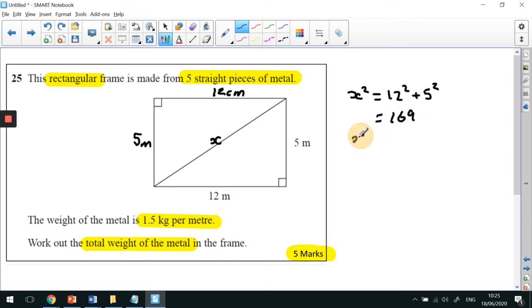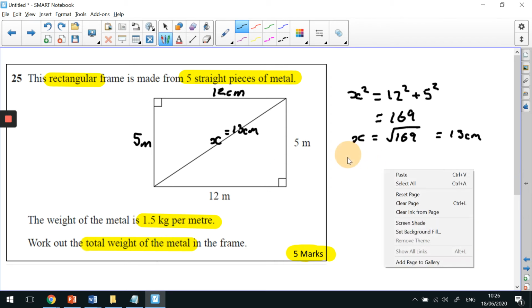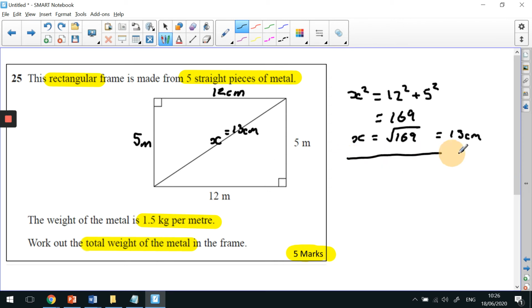So x is equal to the square root of 169, which equals 13 centimetres. And if it helps, we can write 13 centimetres on the sketch. Right, so lovely, we're a long way to getting there now.